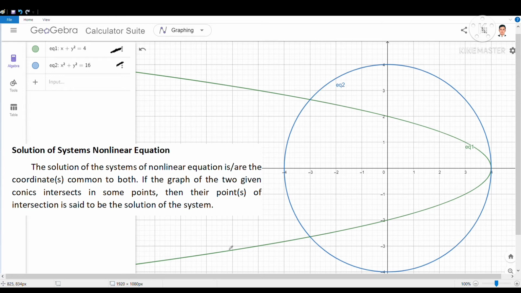The graph is a parabola, which is the green parabola. And the second equation, x squared plus y squared is equal to 16, is the blue graph here, the graph of the circle. Now, what is the solution of this system? The solution of this system are the points of intersection, all points where the graphs intersect.